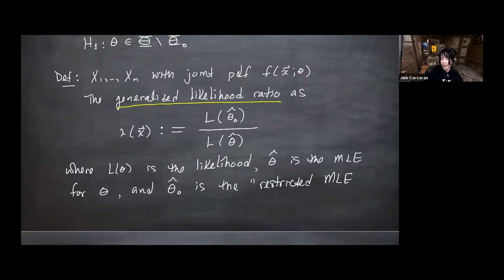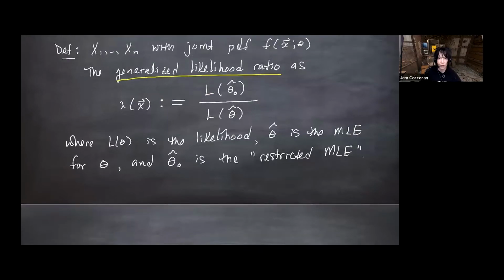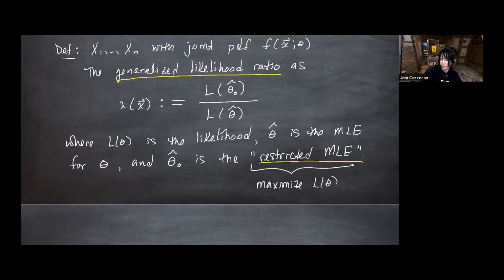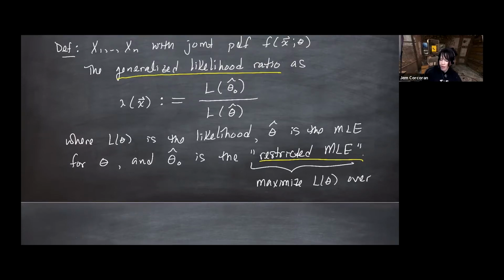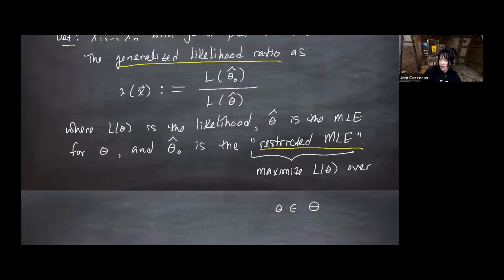And this is the MLE restricted to, we're going to maximize the likelihood, restricted only to the set of thetas where the null hypothesis is true. So we're going to maximize L of theta over all theta in the null hypothesis set.